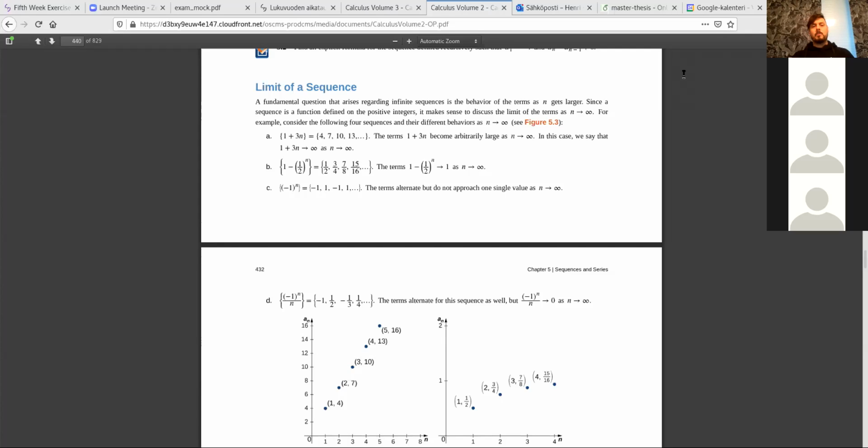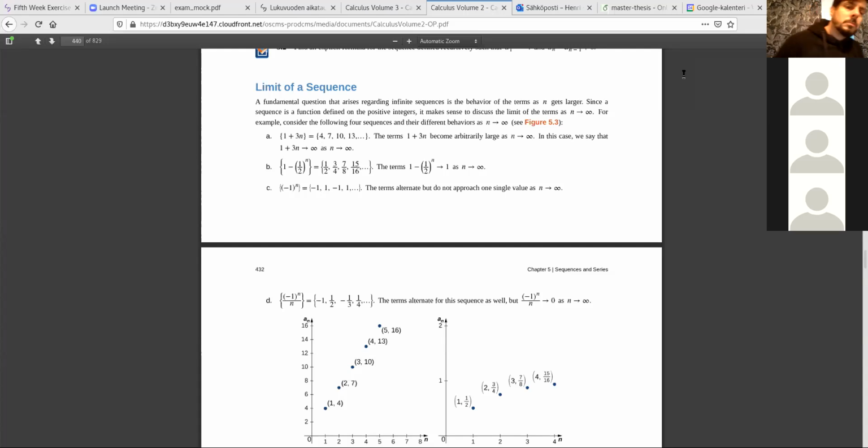But then there are sequences like this one where we got this explicit solution that it's 1 minus 1/2 to the power of n. Then in fact, if you look at what happens when n approaches infinity, this approaches 1, because 1/2 to the power of n goes towards 0, so 1 minus that goes towards 1. So that sequence has a limit.